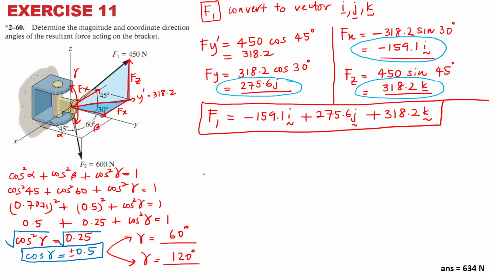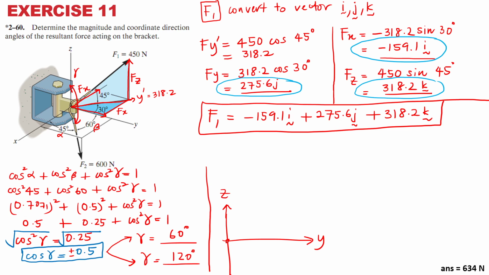How do you decide? You need to look at the diagram. If you look at the diagram, you're going to see something like this. So this is origin. This is your y-axis. Going up is your z-axis.